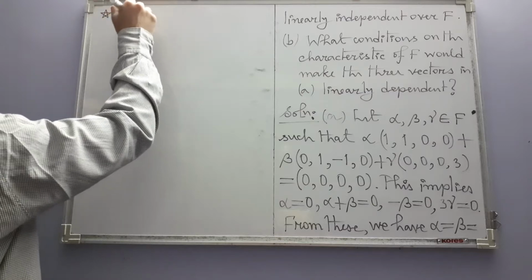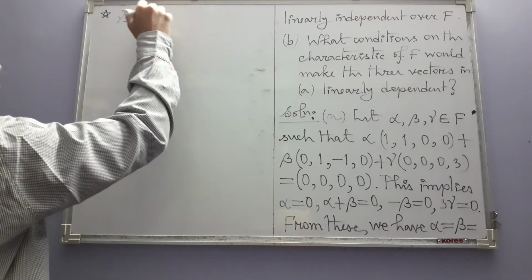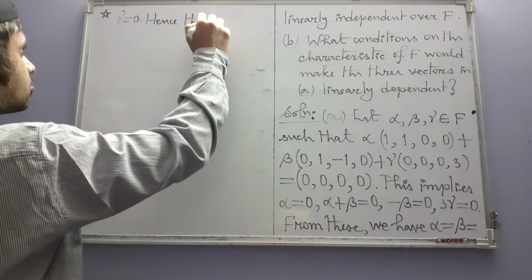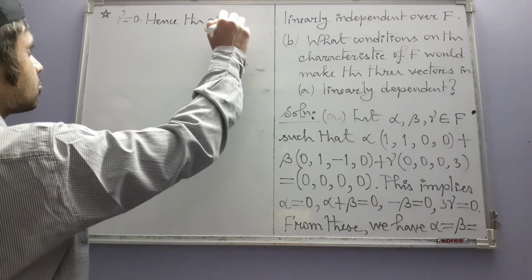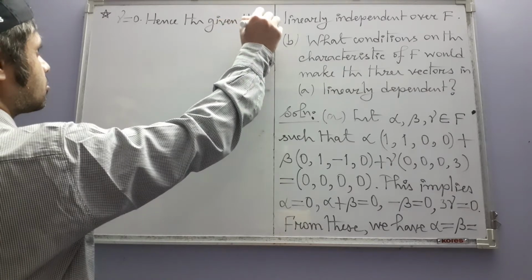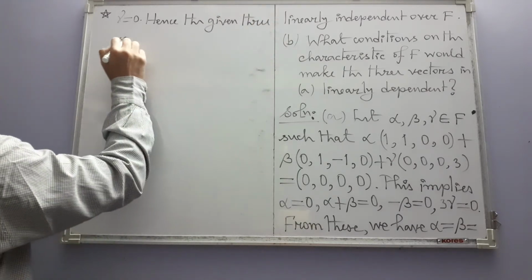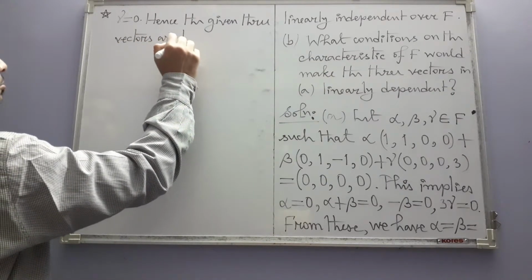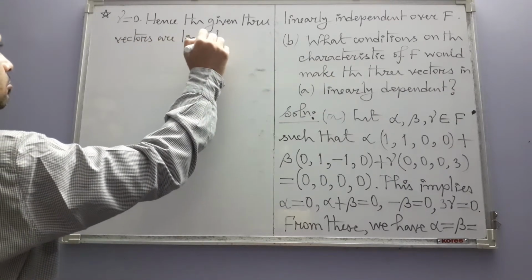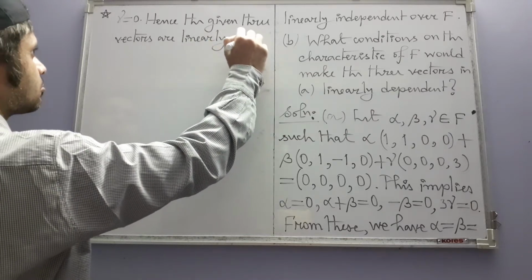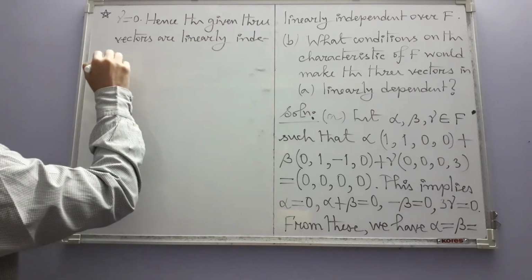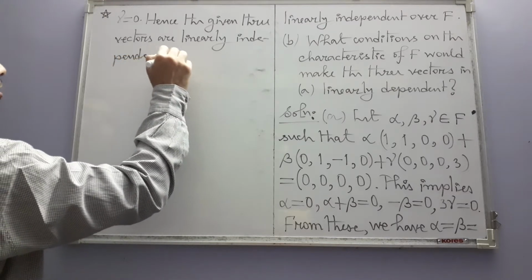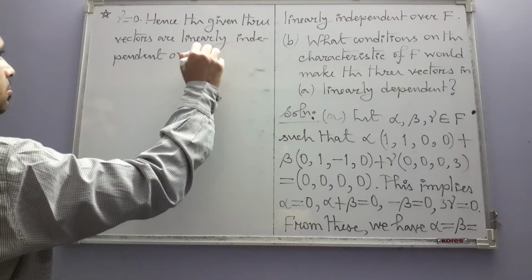Hence the given 3 vectors are linearly independent over F.